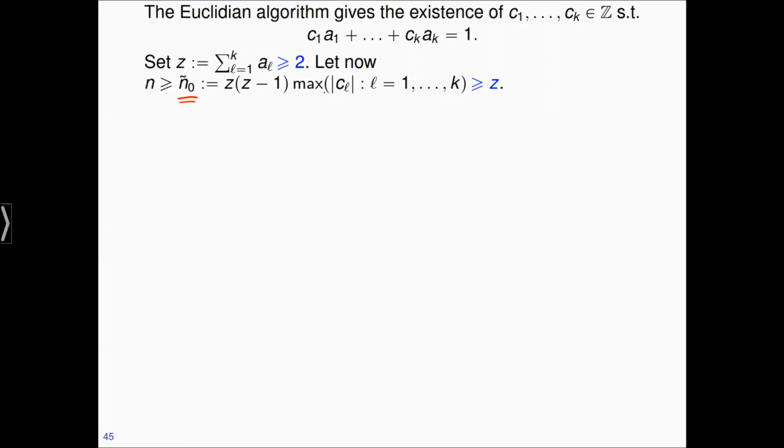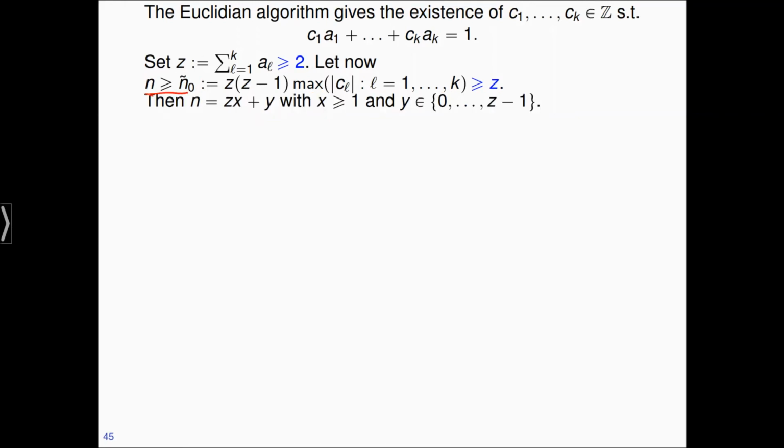Notice that the c_l are not all 0. Otherwise this linear combination would be 0 and not 1. So this maximum here is at least 1. Z minus 1 is also greater or equal 1 because Z is greater or equal to 2. So this whole expression is greater or equal to Z.